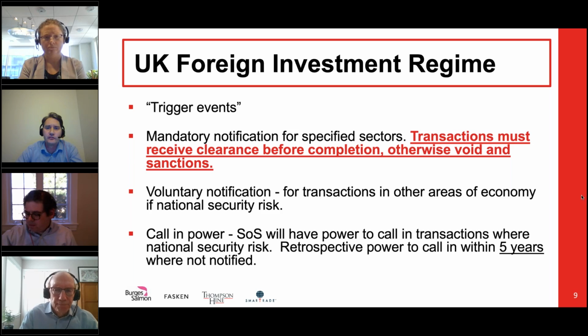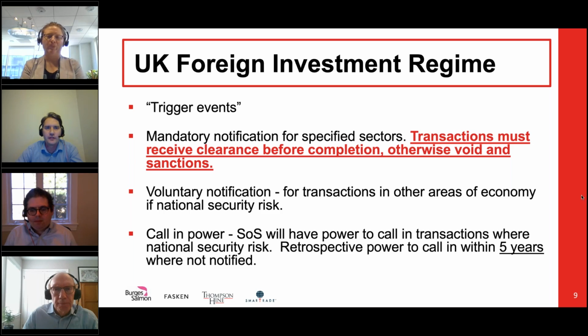And just to reiterate, where a transaction falls within the list of 17 sectors, which I'll come on to in a minute, a mandatory notification is required. There is also a voluntary notification system for other sectors, so activities of the target falling outside the 17 sectors proposed. So that's another interesting point about the regime.